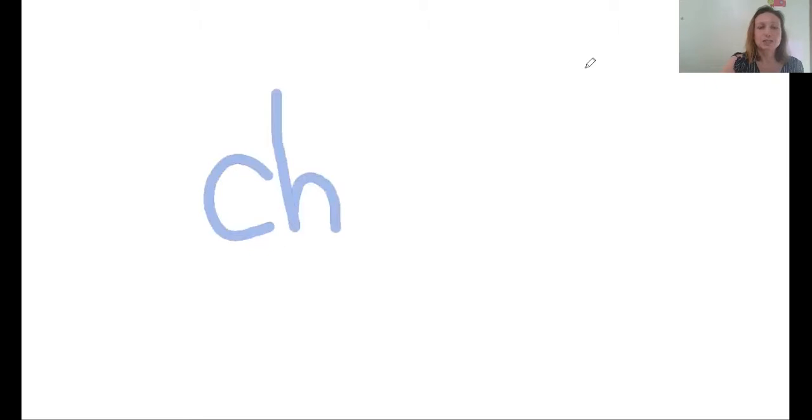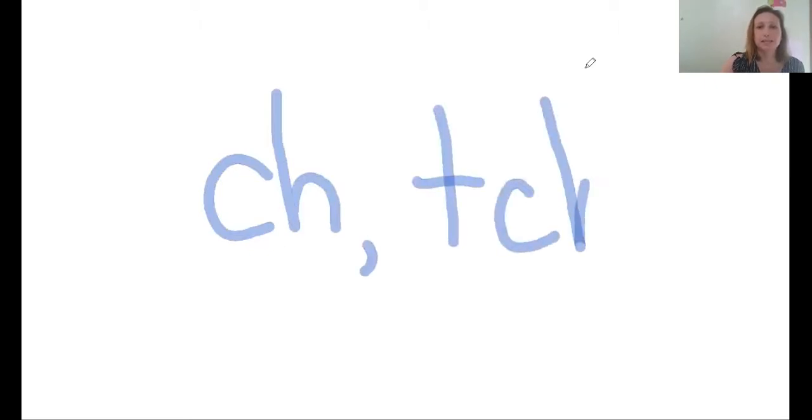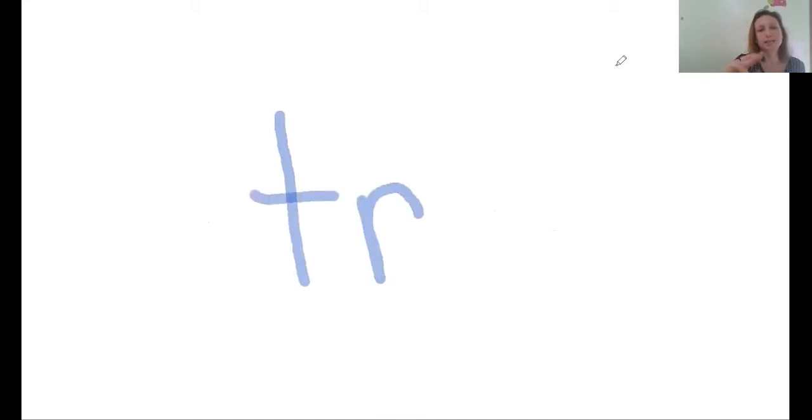And what 2 ways do we know for ch? C-H and T-C-H. Both say ch. Next, one way to write the blend in trip. T-R.